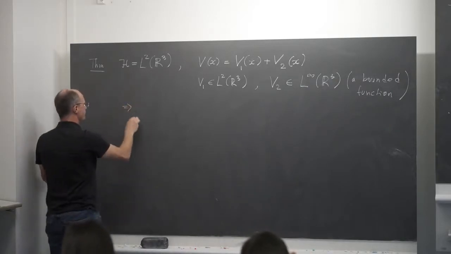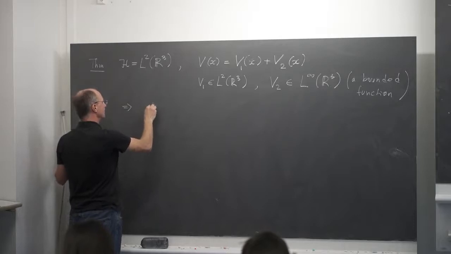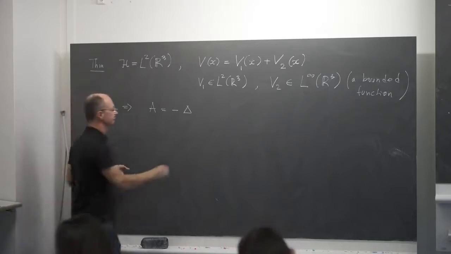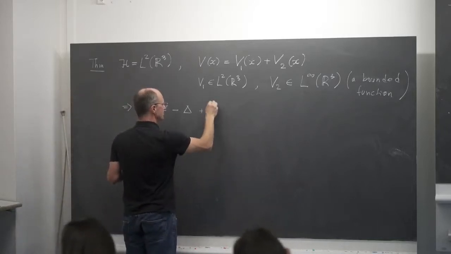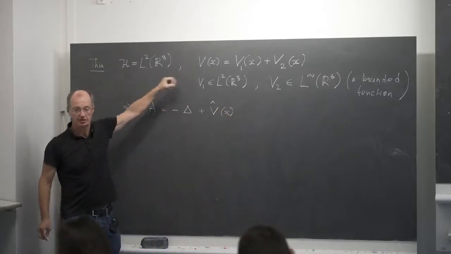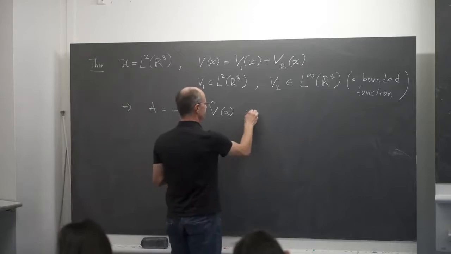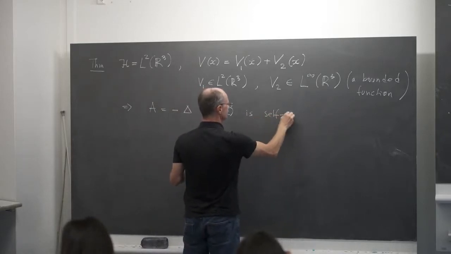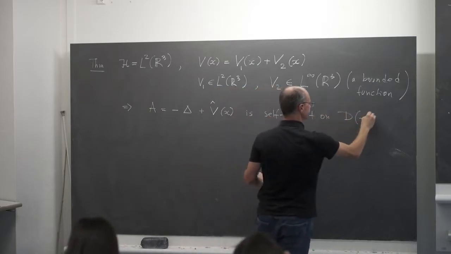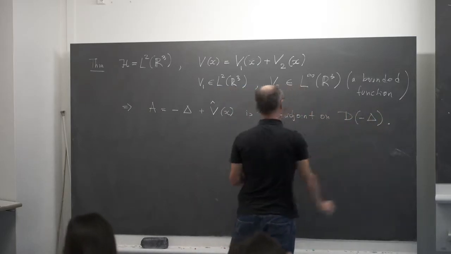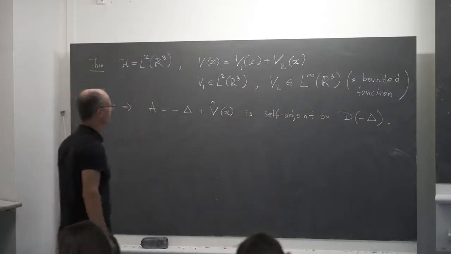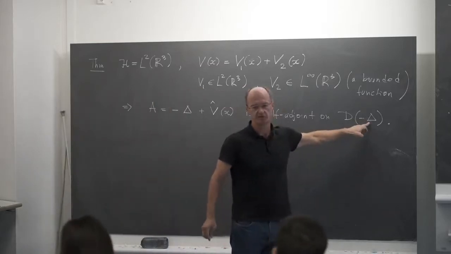Then the operator A equal to minus Laplacian plus the multiplication operator by this potential V is self-adjoint on the domain of minus delta.